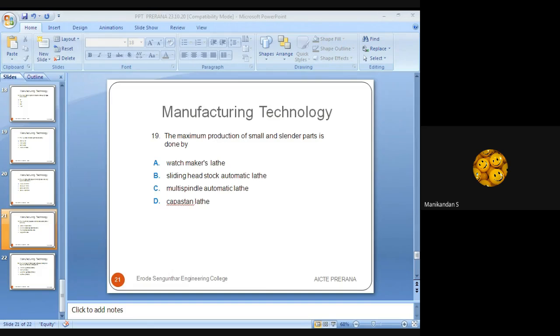It can carry out different types of operations in one setting of the job. It is actually the same as a Swiss type automatic lathe also.